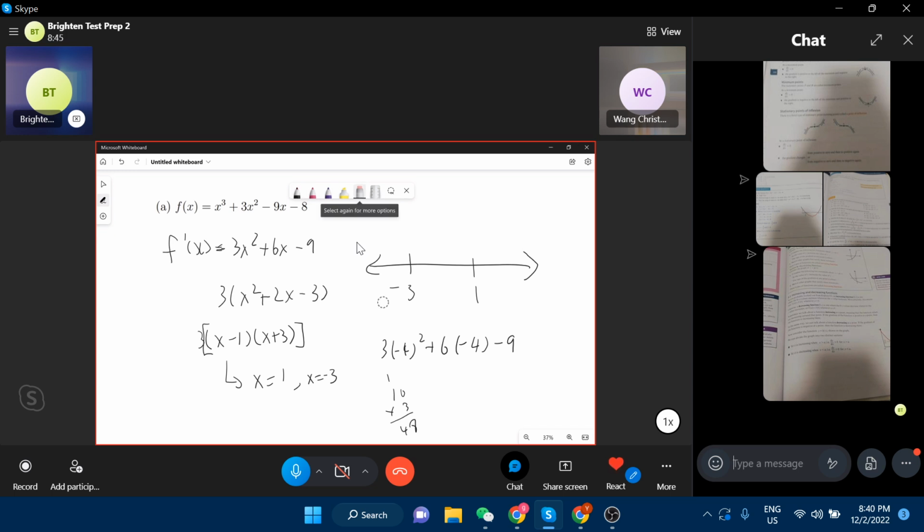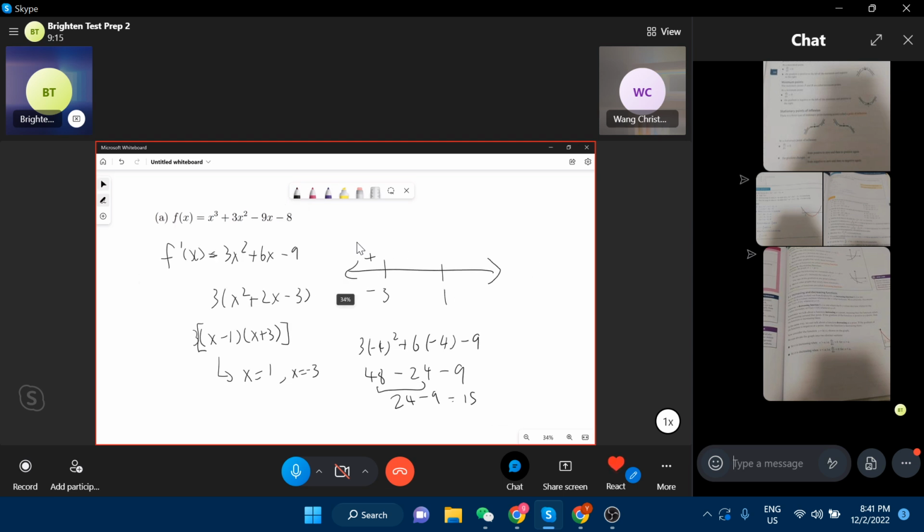So this is 48, minus 24, minus 9, right? And then this becomes positive 24 minus 9, and that equals 15, correct? So this would be positive here because I got a positive 15. So far, so good?